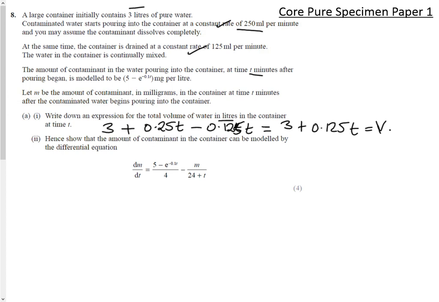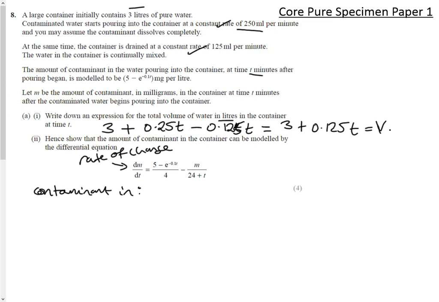Right, and then we're going to go on and write an equation about the amount of contaminant in the container. So we want a differential equation, so we want to know the rate of change of the contaminant. So what's going to be the rate of change? So we need to look at contaminant in.